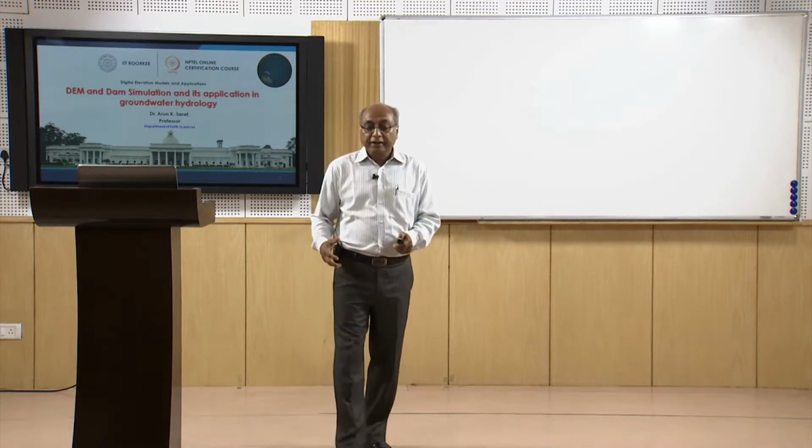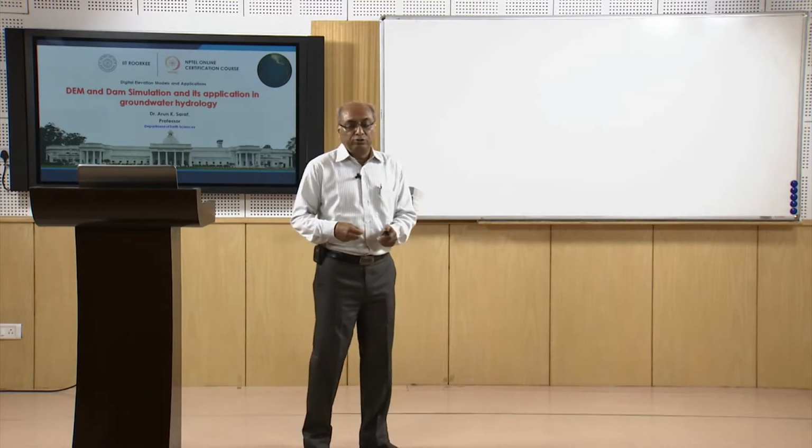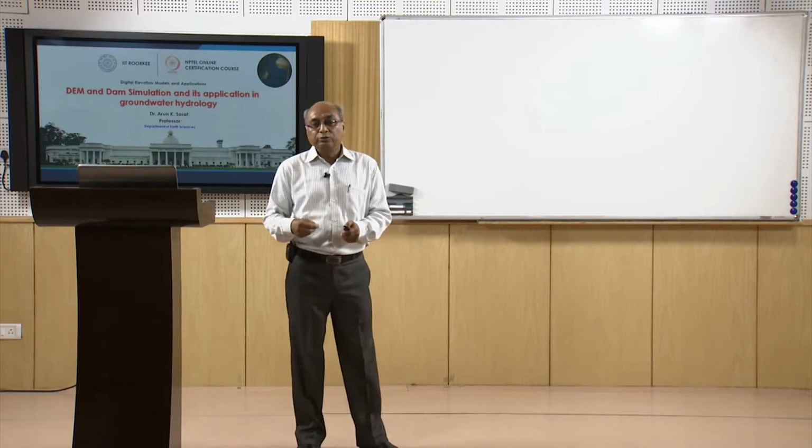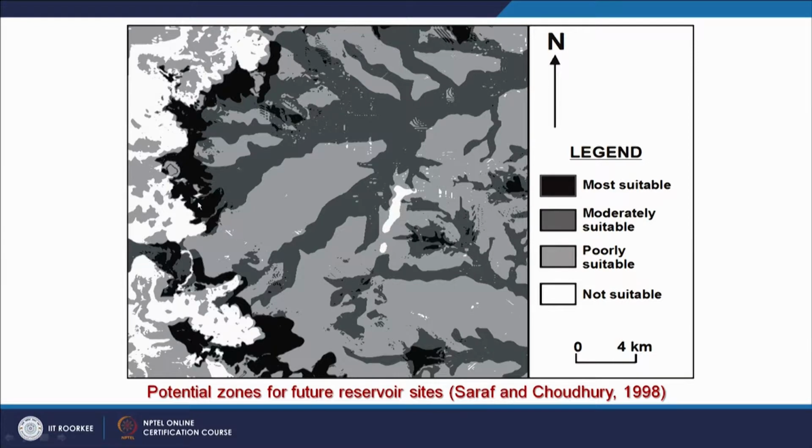The second thing is which areas are going to be most suitable for groundwater recharge structures, because if we have to construct a dam, one will not construct a dam everywhere. So we would like to know exactly which are the most suitable areas within a study area. In this study, again using the previous knowledge, we can generate an output in which these black areas show the most suitable areas for groundwater recharge.